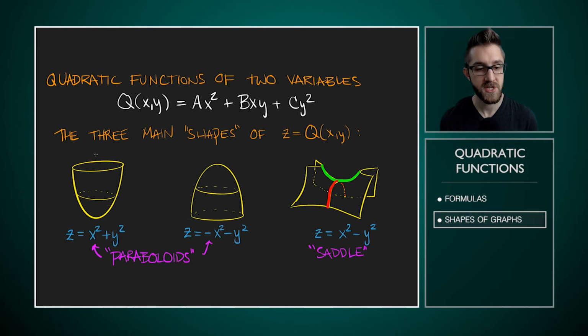Looking back at the other two shapes, all of the parabolic cross sections of this one on the left are upward facing parabolas, while for the shape in the middle, all of the parabolic cross sections are downward facing. So for these two, all of the cross sections are parabolas that are facing the same direction. And so what characterizes the saddle again is that it has two traces that are parabolas facing opposite directions.